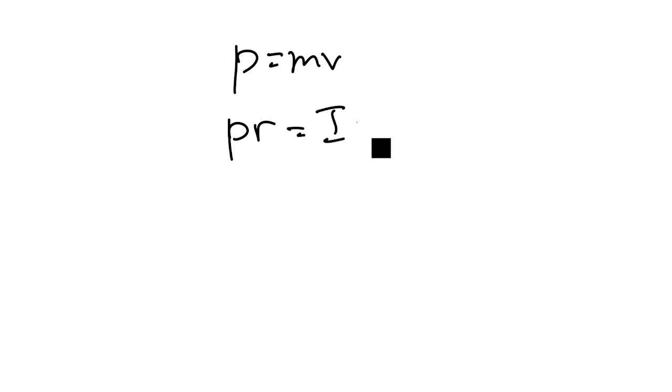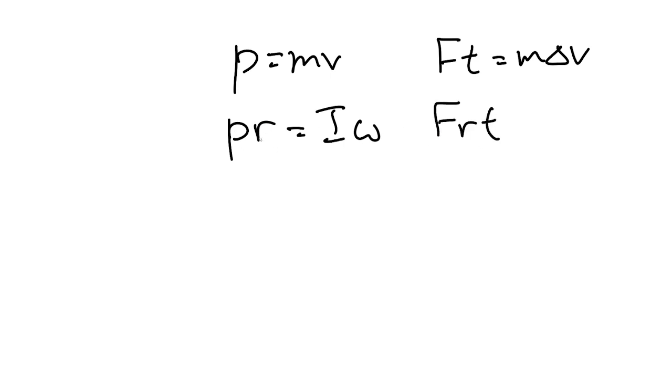When these are changing, remember that our impulse is going to be the derivative, so we can say that as a function of time, we have Ft equals m delta v, because our velocity is changing due to friction.